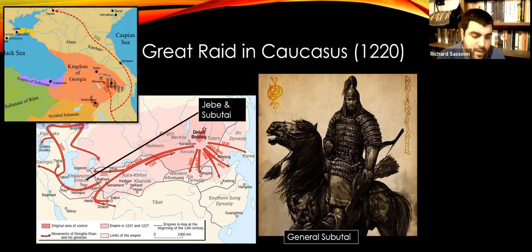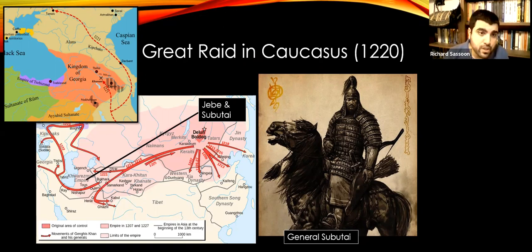He died of disease. But now that Jebe and Subutai were so far west of the empire, they got permission to do a scouting operation. And this scouting operation became one of the most successful campaigns of all the Mongols in history.